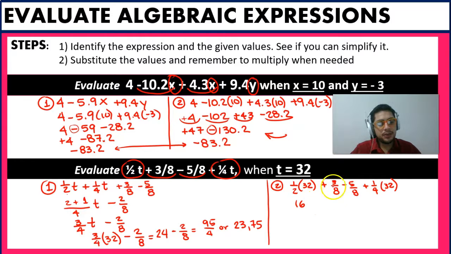And then we have 3 divided by 8 minus 5 divided by 8, which is minus 2 divided by 8. And 1/4 of 32 is plus 8. So we have 16 minus 2 divided by 8 plus 8. And that also gives us an answer of 23.75.